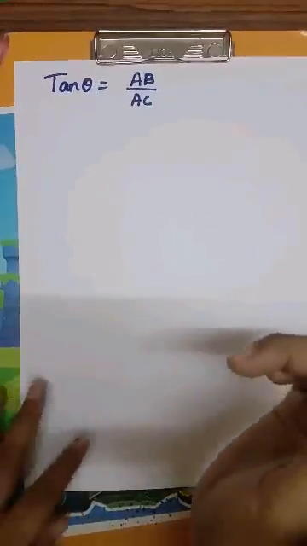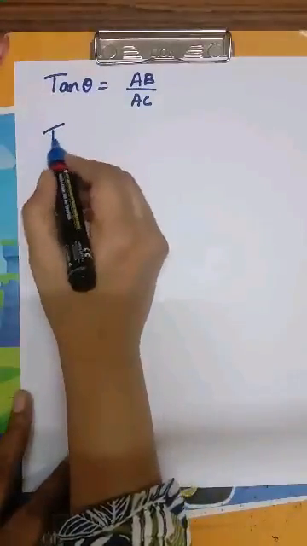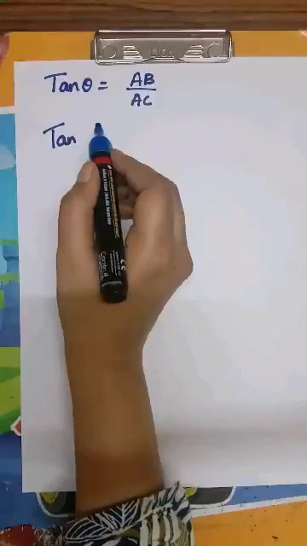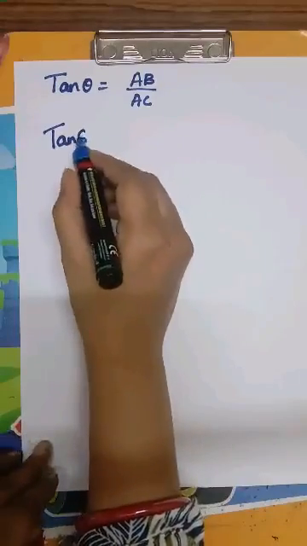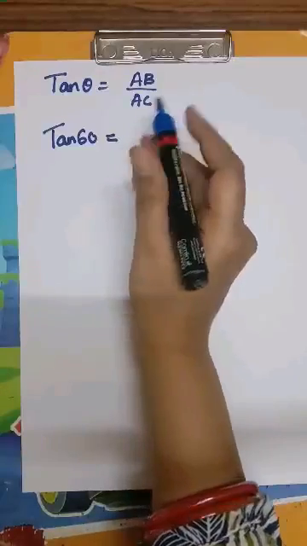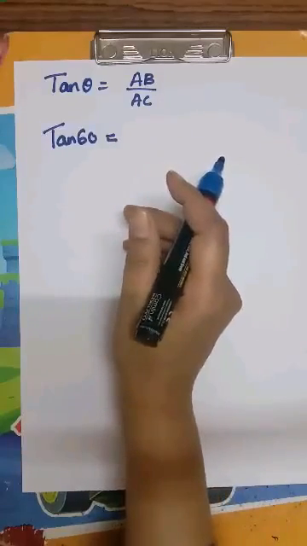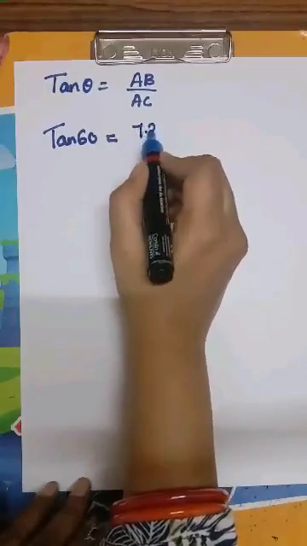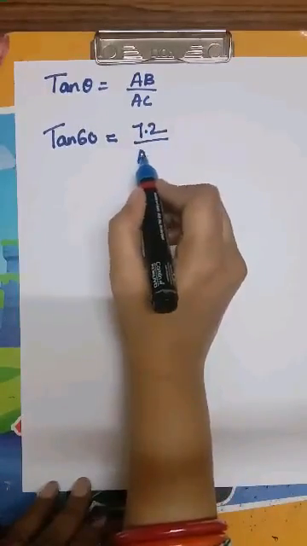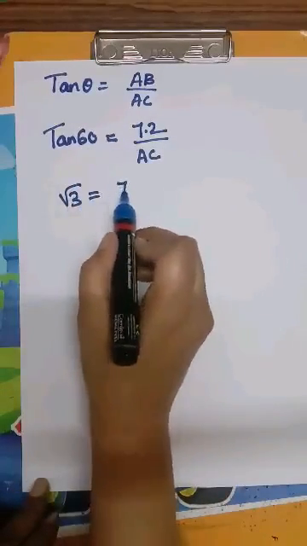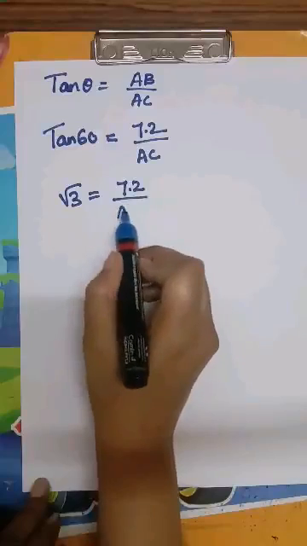Tan 60 इज इक्वल्स टू 7.2 बाई AC. tan 60 वैल्यू √3 इज इक्वल्स टू 7.2 बाई AC.